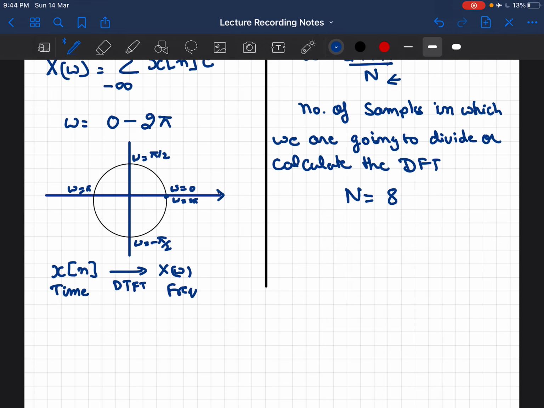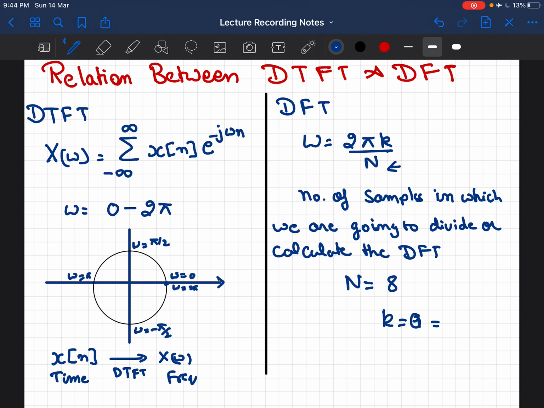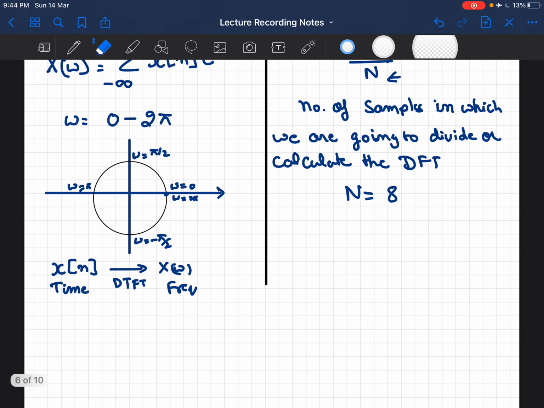So what I'll do at first instance, for k equals 0, we'll just make a table out of it before moving.